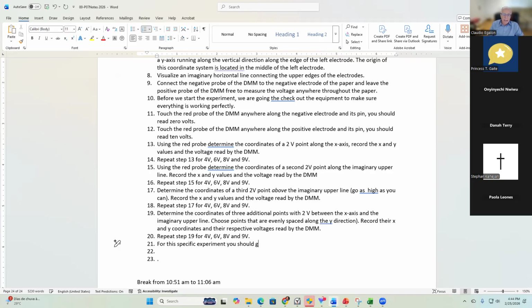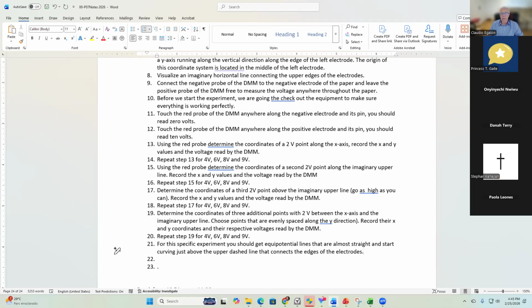You should get equipotential lines that are almost straight, and start curving just above the upper dashed line that connects the edges of the electrodes.